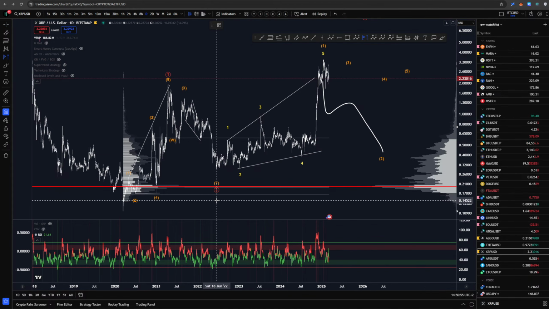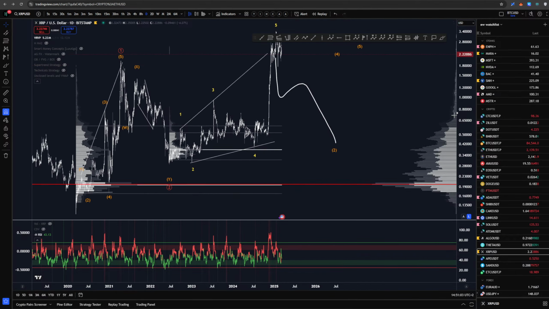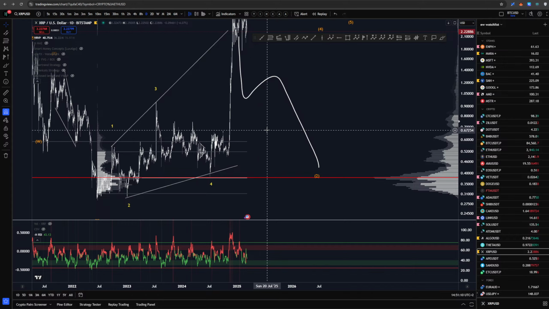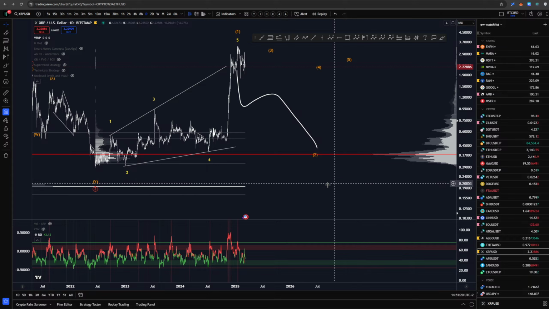I want to still have the bullish option. Let's use it from here. POC. Oof, 37 cents. That is so low though. Maybe from here, somewhere around 66 cents downwards.